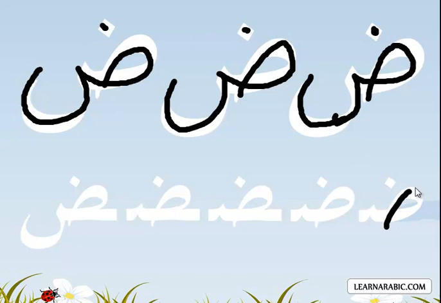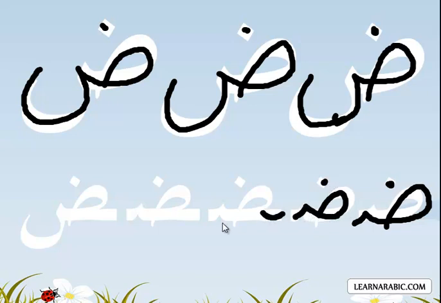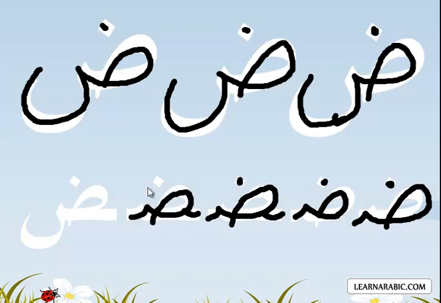And then at the beginning of a word like this, Dad, and once more. Then in the middle we have the connector from before, and then like this. Once more. And then finally at the end we see that the original form appears again and the dot at the top.